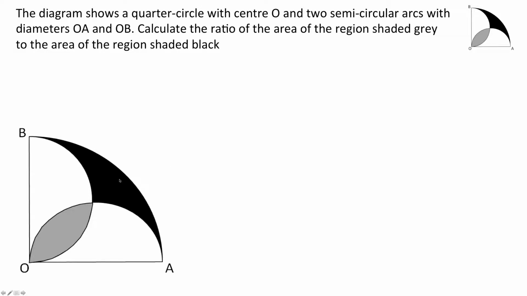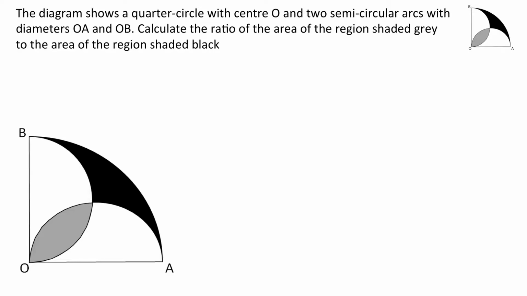These two are very irregular shapes, so it's very difficult to find a formula by which you can calculate the areas of the gray and the black region and find the ratio. So which means you need to find something else.